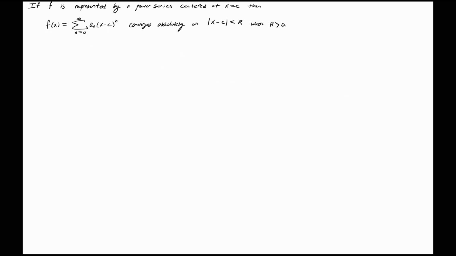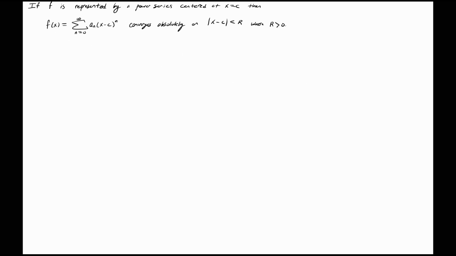If our function is to be represented by a power series, then all the information that we can extract from the function f, we should be equally able to extract from the power series itself. So let's start with some preliminaries.